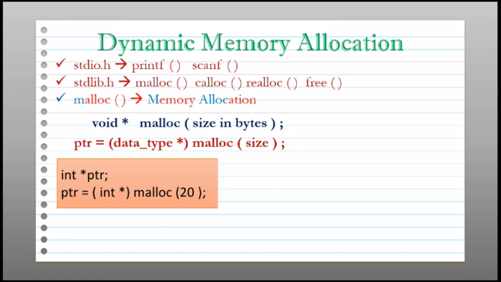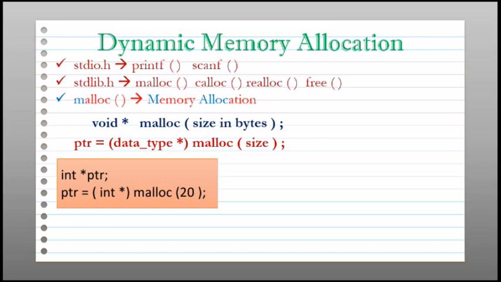Suppose the compiler takes 2 bytes for each integer, then in this example we have allocated 20 bytes, which means 10 integer values we can save in the memory block.